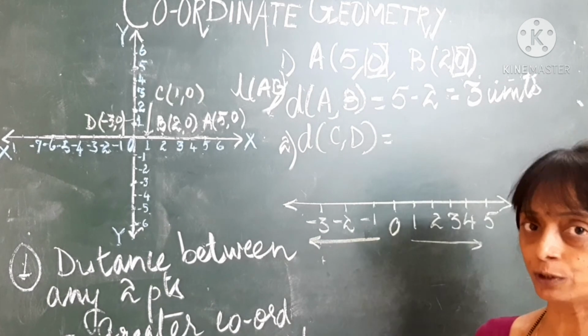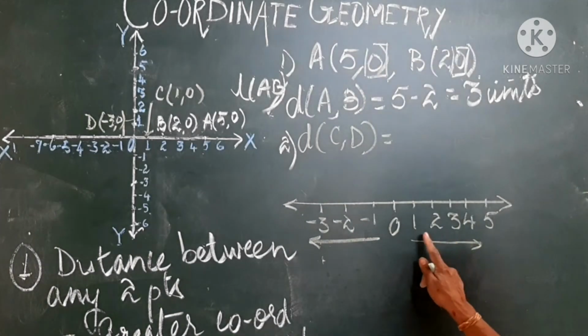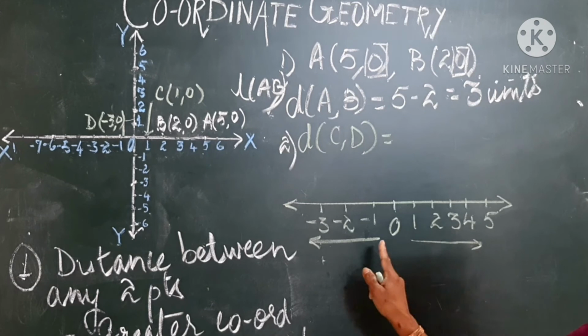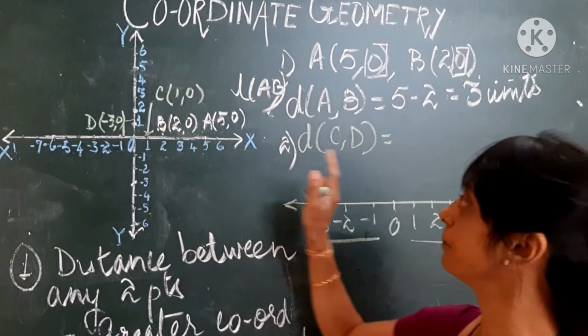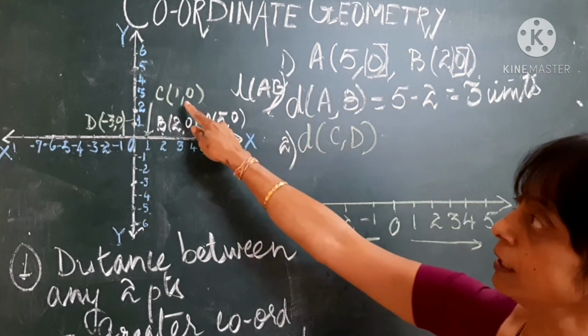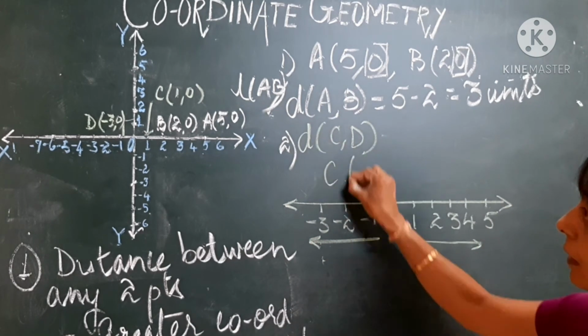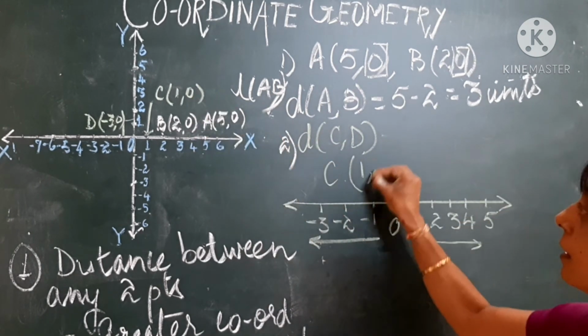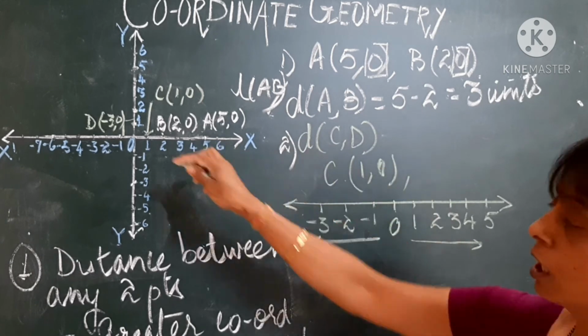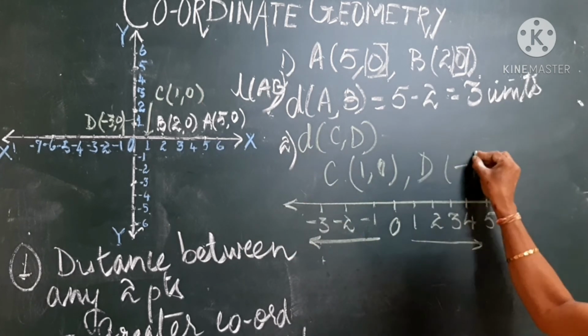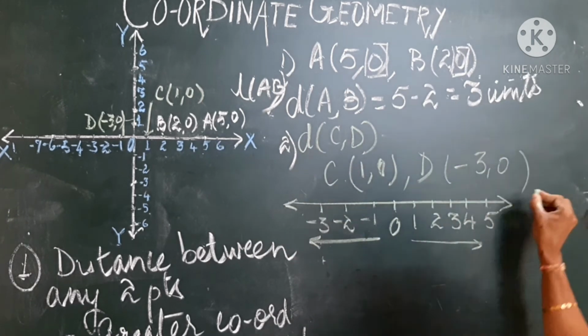One more thing that you should always remember, every positive value is always greater than any negative value that you take. So children, to come back to our problem, let's first write down the coordinates of C and D. The coordinate of C is 1, 0. The coordinate of D is minus 3, 0.